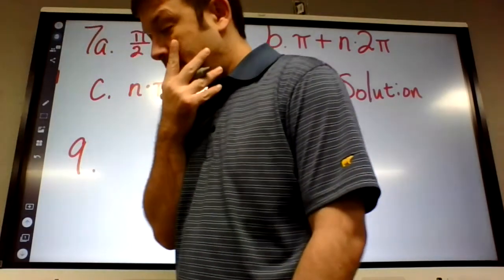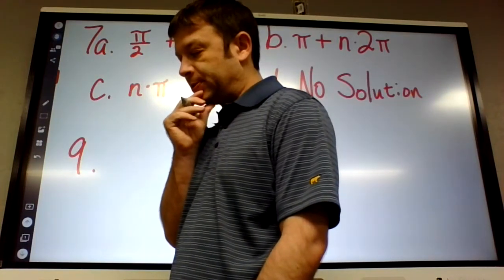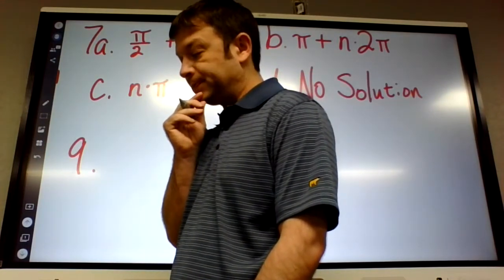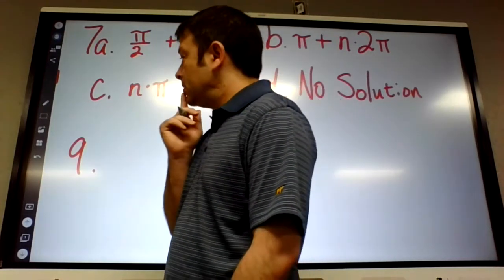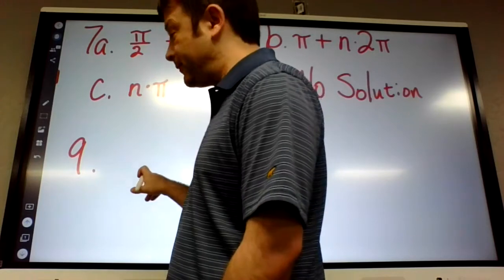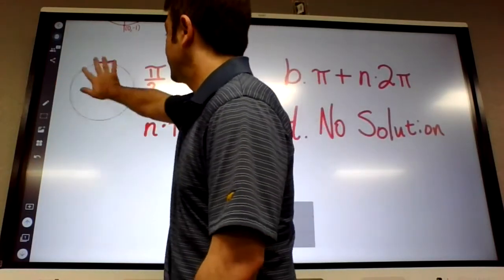Alright. Number 9. Without using a calculator or table, state whether each expression is positive, negative, or 0. Okay, sine of 4 pi. So where would 4 pi be?